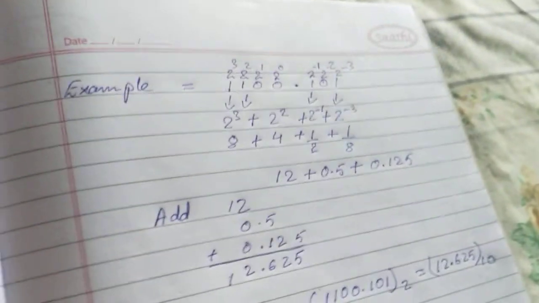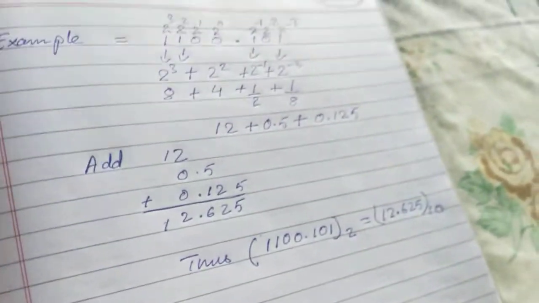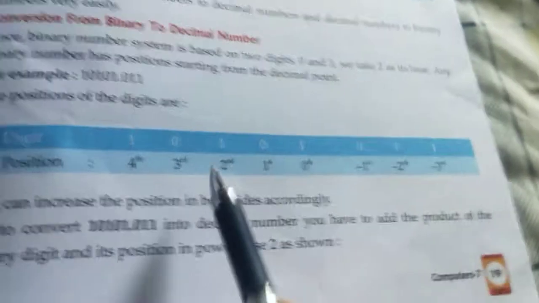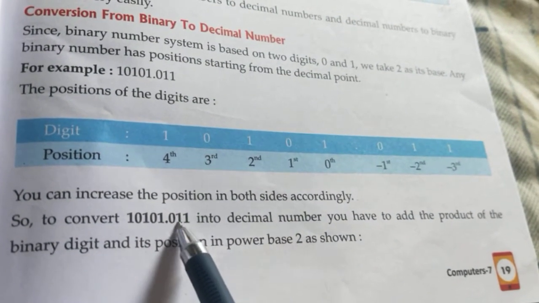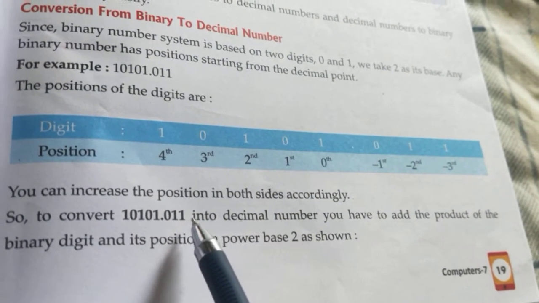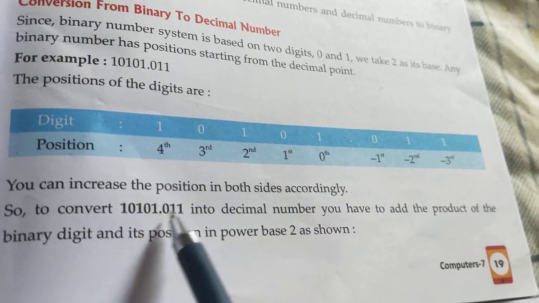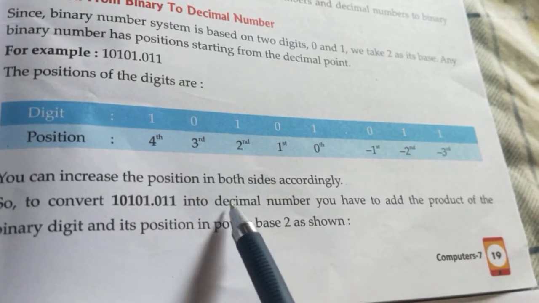Now we'll take an example from your book. This is the binary number 10101.011, and you have to convert it into a decimal number.